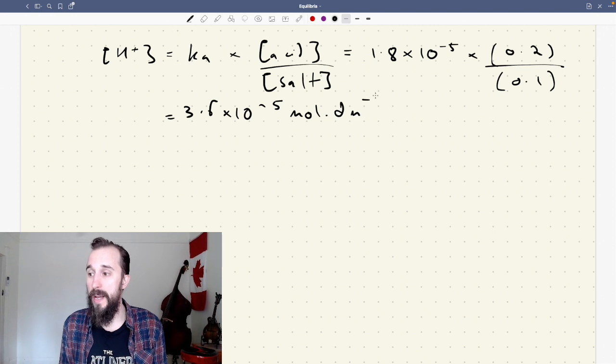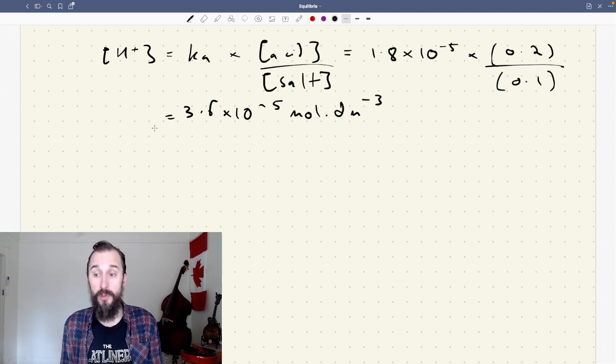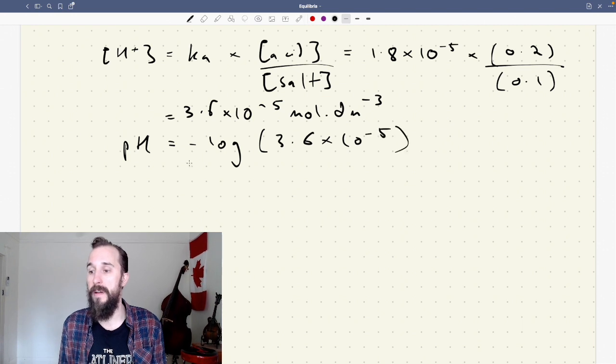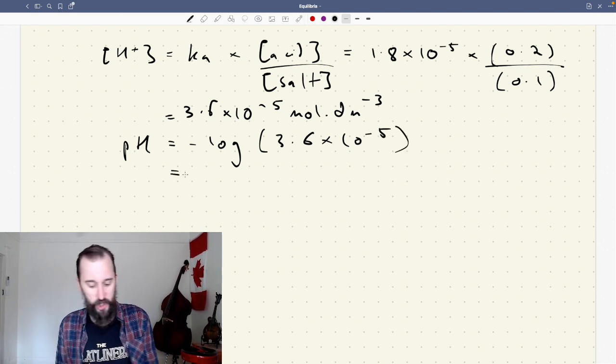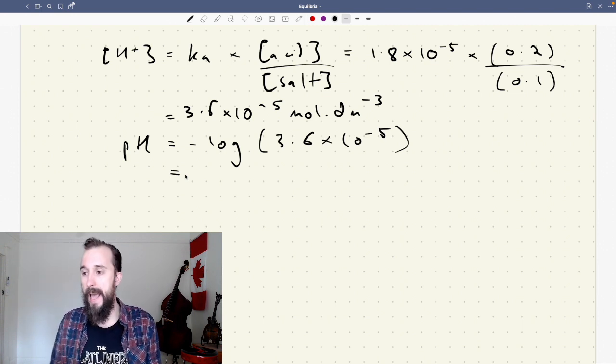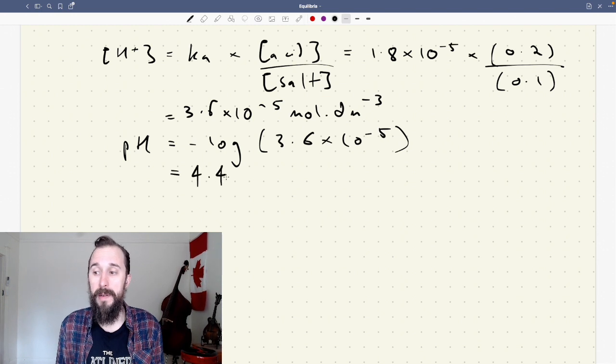So that's our concentration of hydrogen ions, and we can then plug that into our pH equation, minus log of our answer up there, 3.6 times 10 to the minus 5. That will give us a pH equal to minus log of the answer, which is 4.4 if we give that two significant figures.